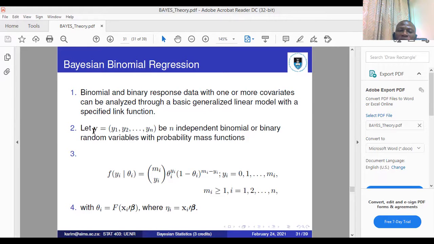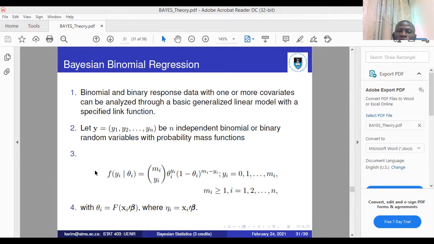So here we say, let y, which is a vector with values y1, y2, up to yn, be n independent binomial or binary random variables with probability mass function. We are not talking of a density function. We use a density function when we are talking of continuous data, and we use the probability mass function when we are talking of discrete data.